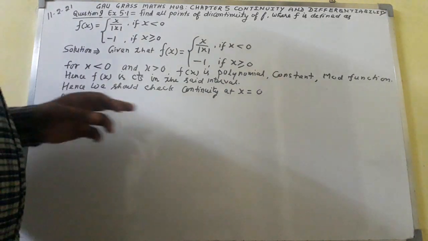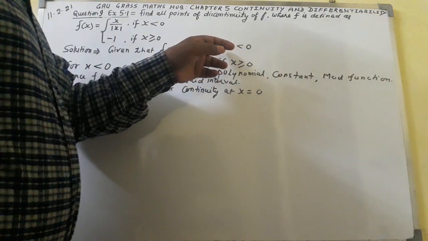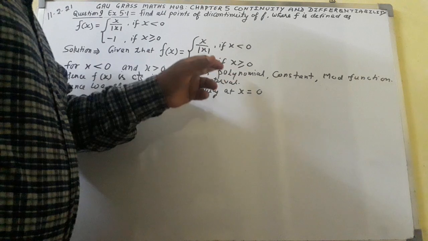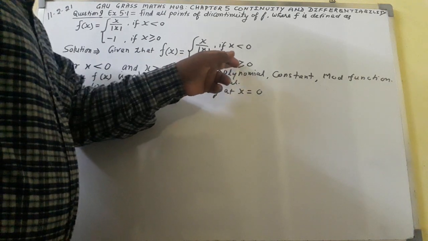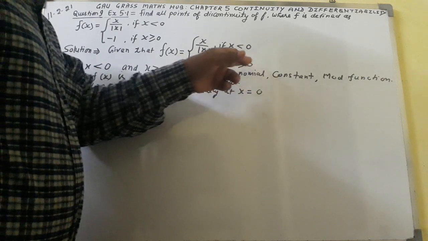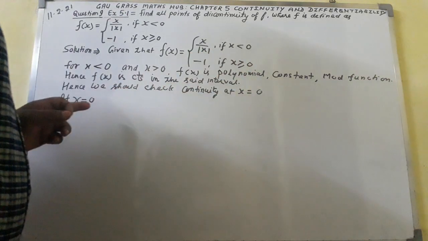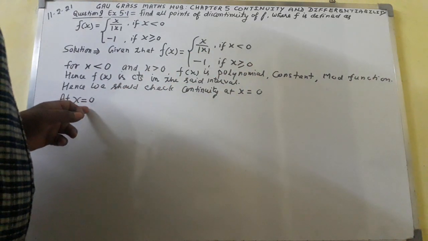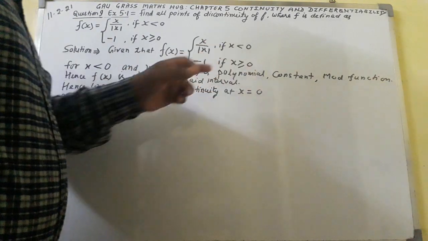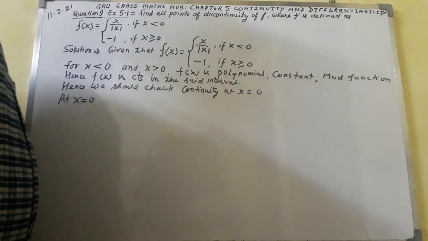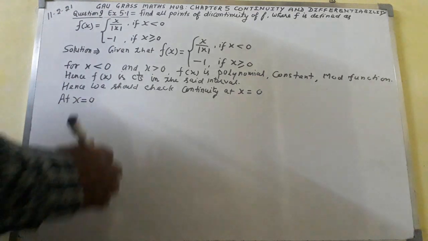Why x equal to 0? Because here the condition is x less than 0, and here the condition is x is greater than or equal to 0. So x is equal to 0. On that basis, I should check the continuity of f of x at x equal to 0.